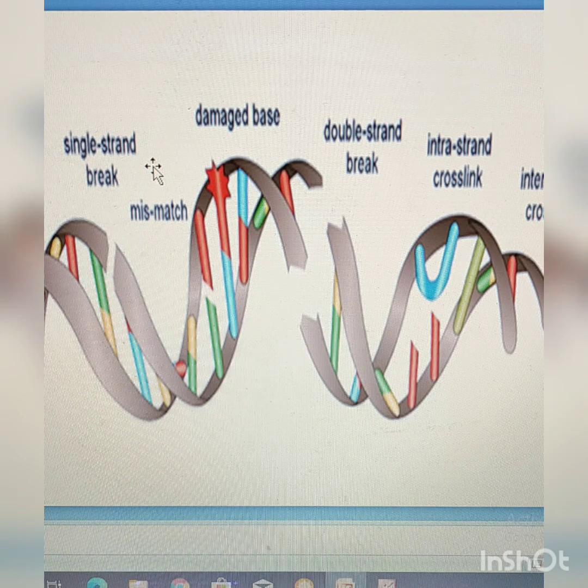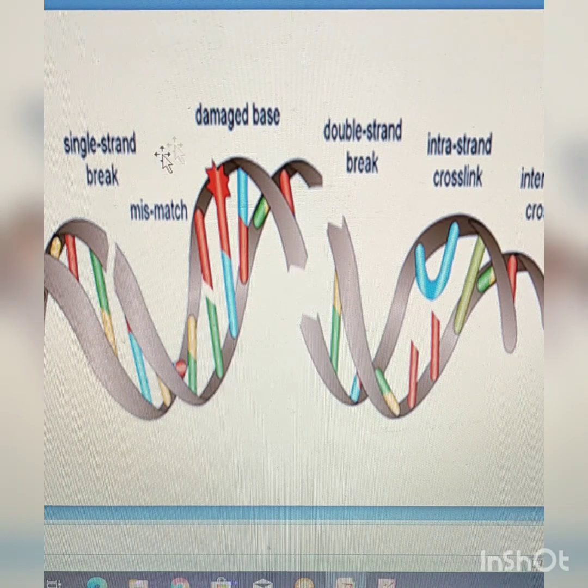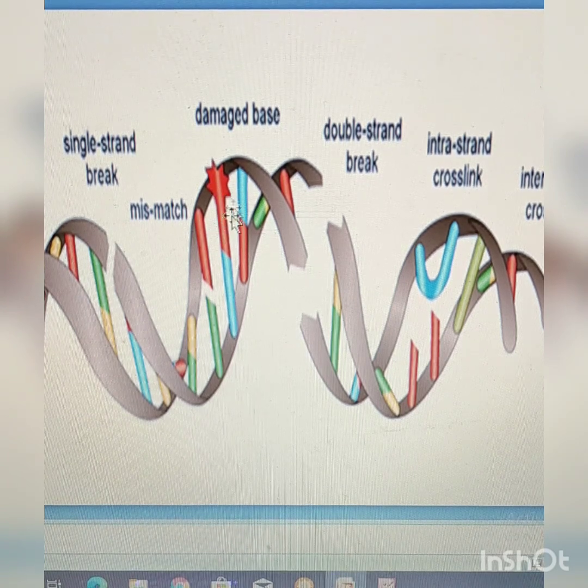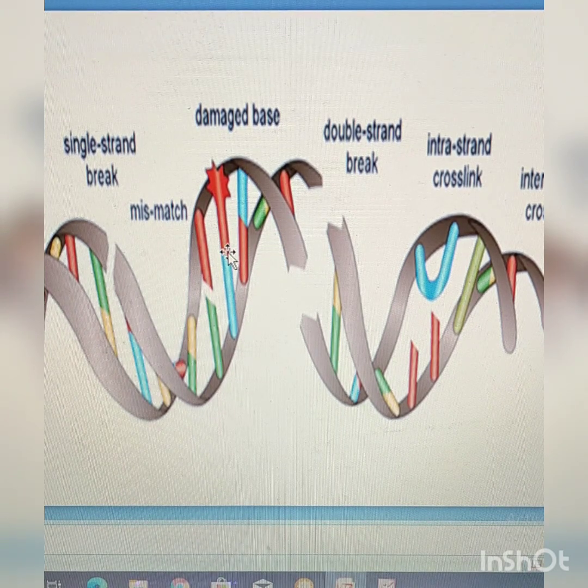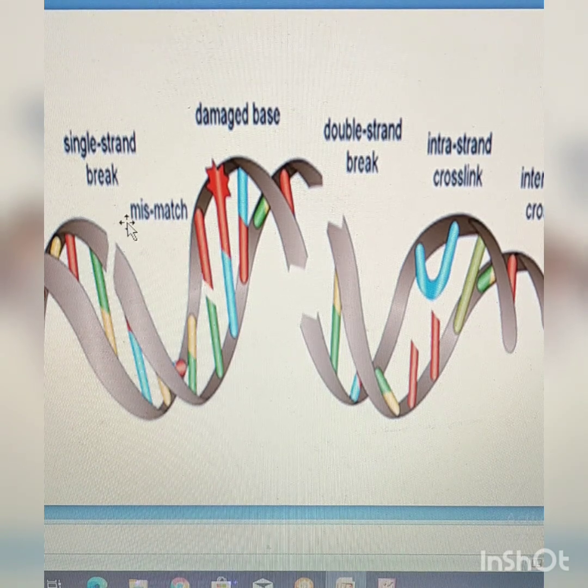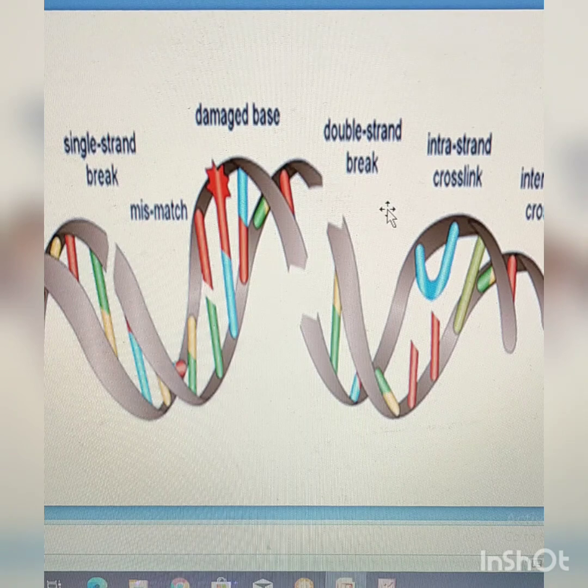So this is base analog, and the base alteration is also due to UV light. UV light introduces thymine-thymine dimer formation, bifunctional alkylating agent cross linkage, and the chain break is due to ionizing radiation. You can see there is a single strand break and there is a double strand break.